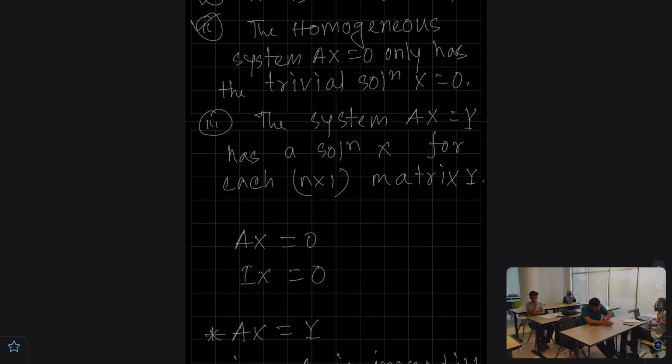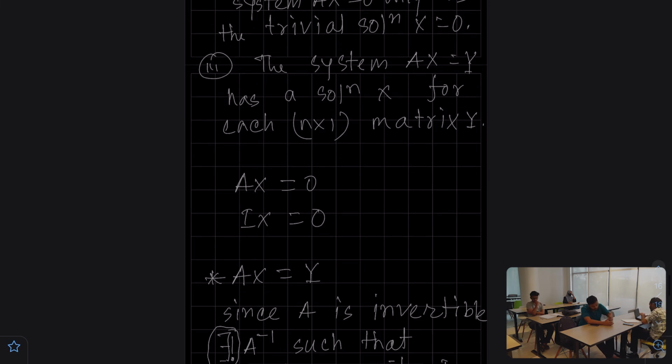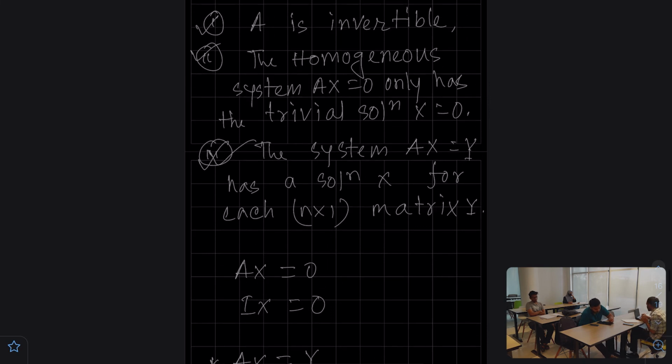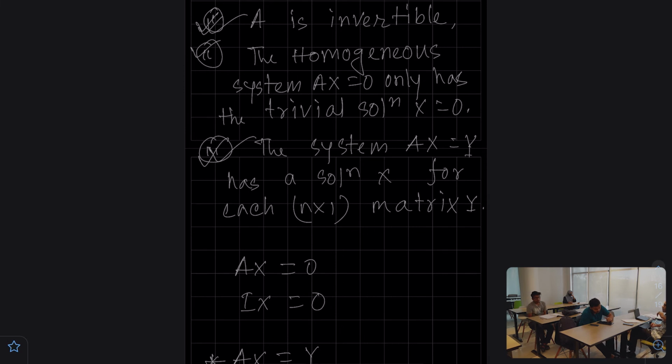And in our previous theorem, we proved that if A is invertible, then A is definitely row equivalent to the identity matrix. And we proved using the last statement that R is actually the identity. That means A is equivalent to I, and that gives us the first statement, A is invertible, right?